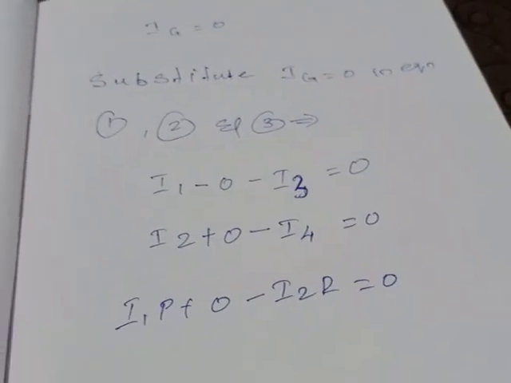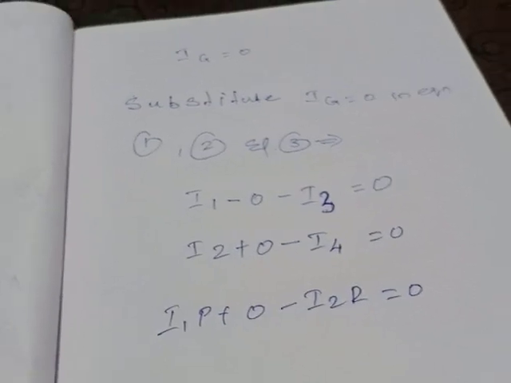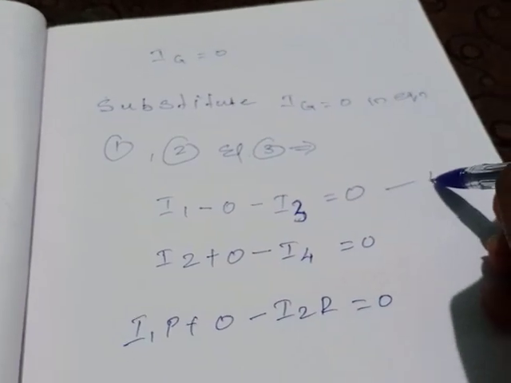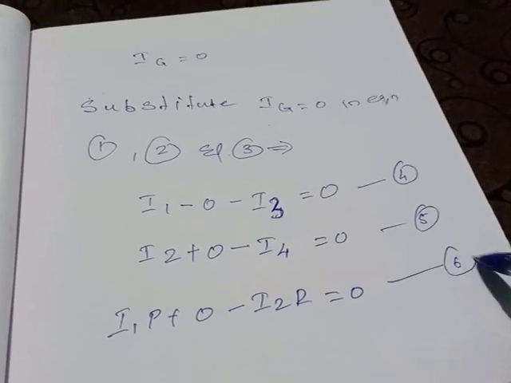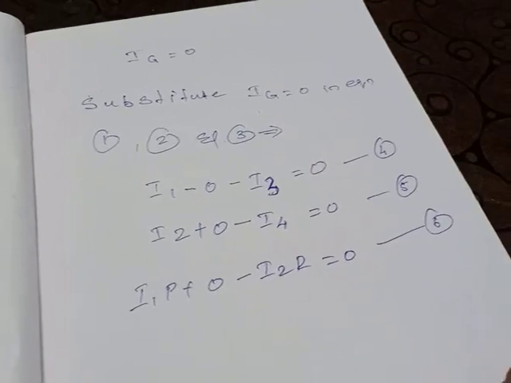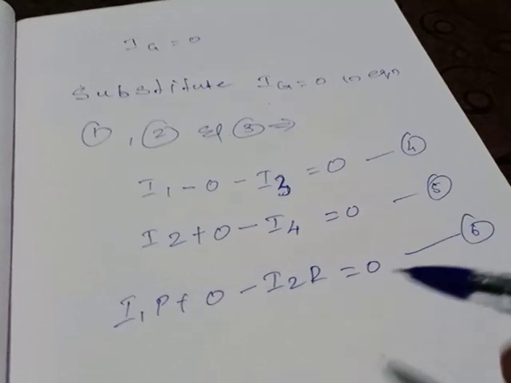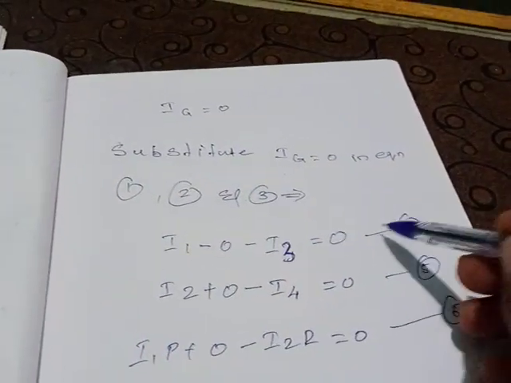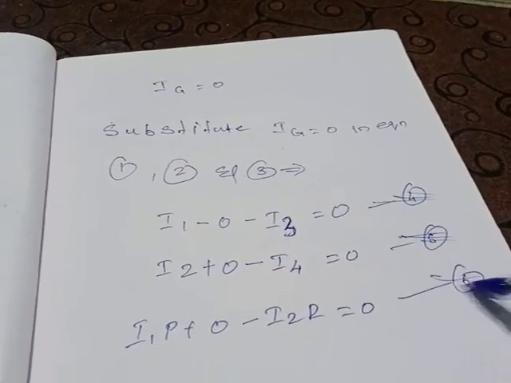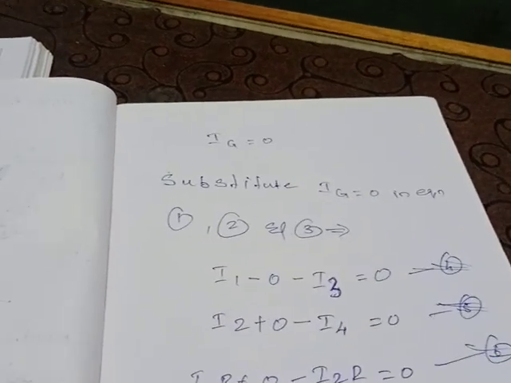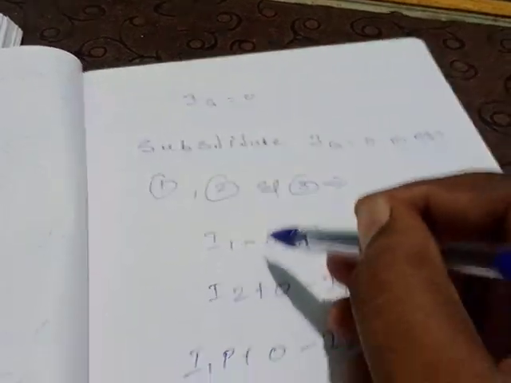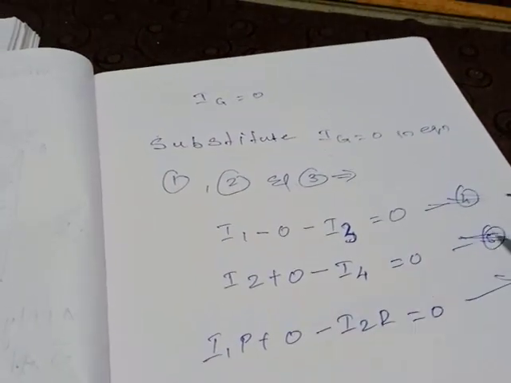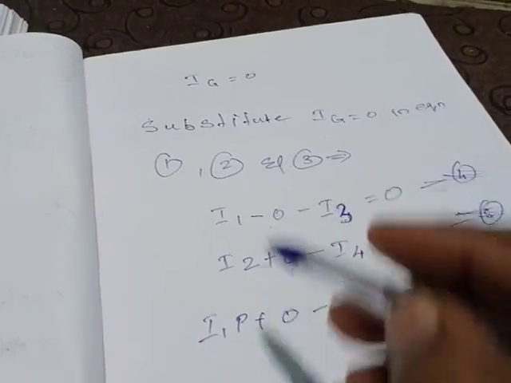Now you see 3 equations we got, no? Now this you can take 4, this you can take 5, this you can take 6. If you are not putting the equation number also, no problem. Now you see, here what will come?